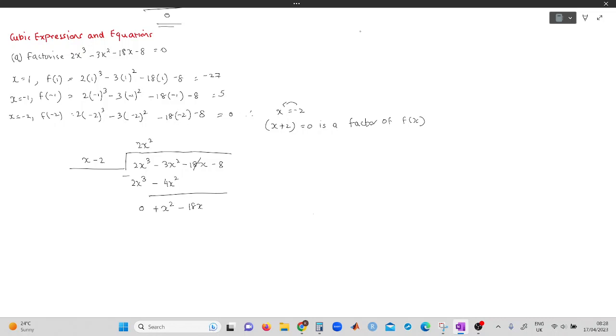X squared divided by x. X multiplied by x minus 2. X squared minus 2x. Retirer. X squared minus x 0. Minus 18x minus 2. Minus 16x. Bring down minus 8. Minus 16x divided by. It's correct là?